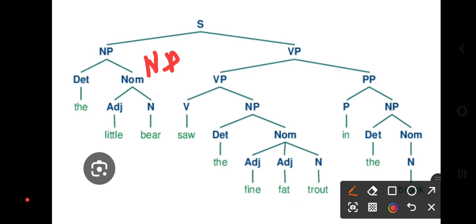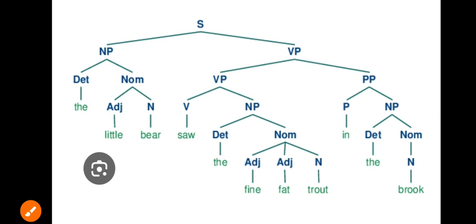And then "in the", so that is another node of PP, so VP, and then VP "saw" will drop, then again NP comes, so noun phrase "the", then adjective and adjective, two adjectives cannot come together, and that is why it will be an adverb, right? So adverb, and then "fat" is an adjective and "trout" is a noun.